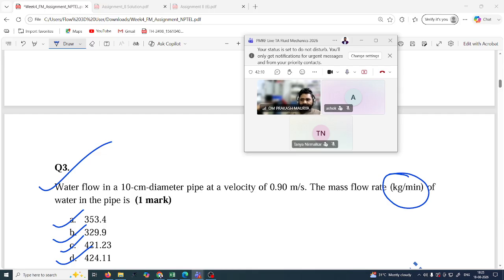Please try to calculate and write your answer in the chat box. Okay, so Tana is telling D option is correct. I'll wait 1 minute more for other participants.